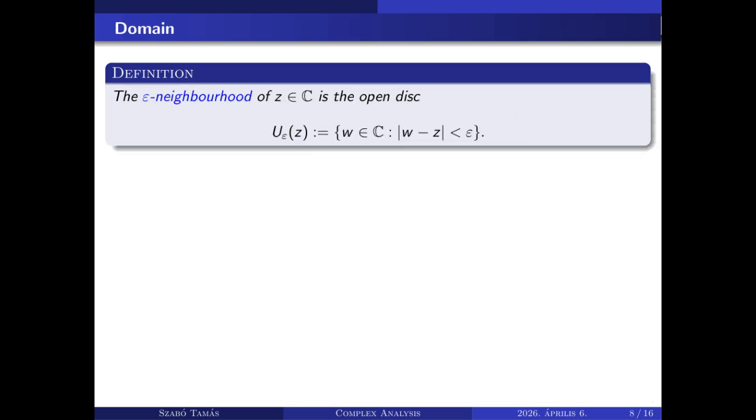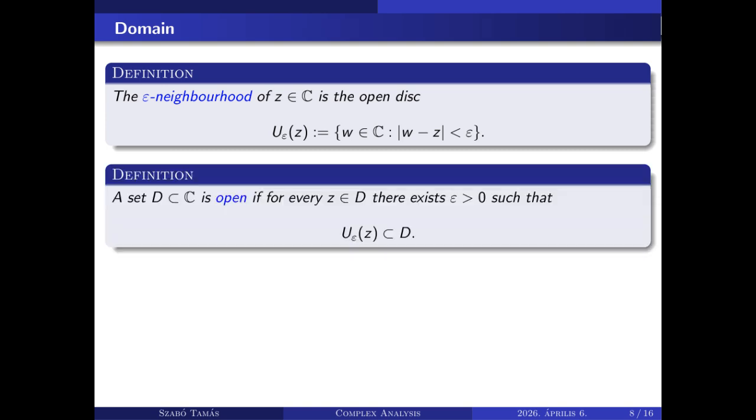Domain. The epsilon neighborhood of a point z in the complex plane is the open disk u sub epsilon of z, defined by all complex numbers w, such that the modulus of w minus z is less than epsilon.